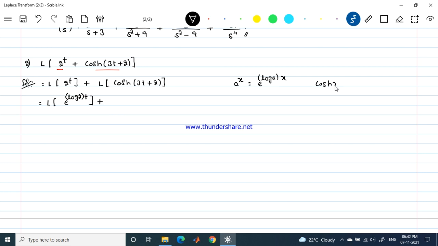We know cosh x is given by e power x plus e power minus x divided by 2. With the help of this, it can be rewritten as e power 3t plus 2 plus e power minus of 3t plus 2, divided by 2.